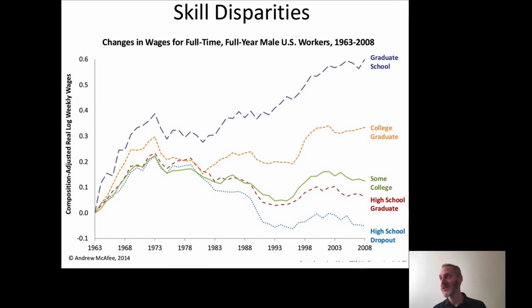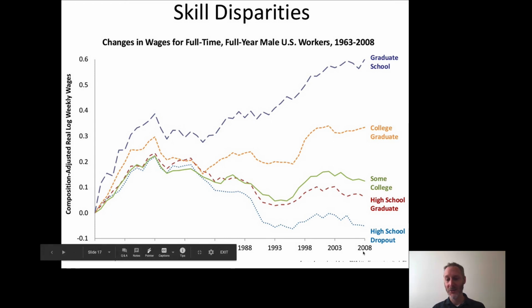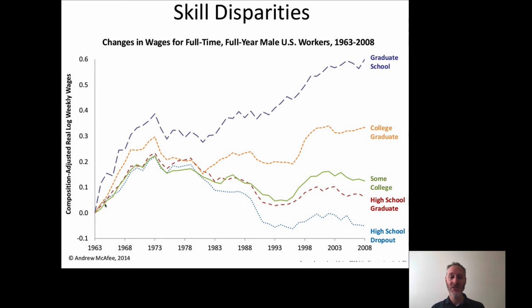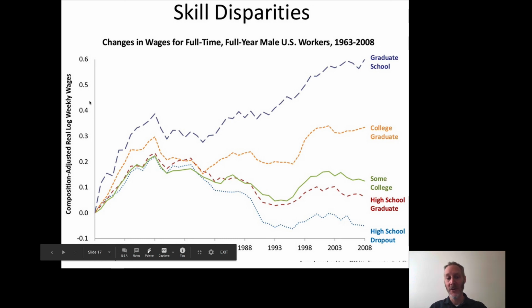This is not an HCI figure. This is an economic figure, which goes from 1963 up to 2008. So it's a little bit out of date, but it shows historical progression in, basically, on the vertical axis, earning power.